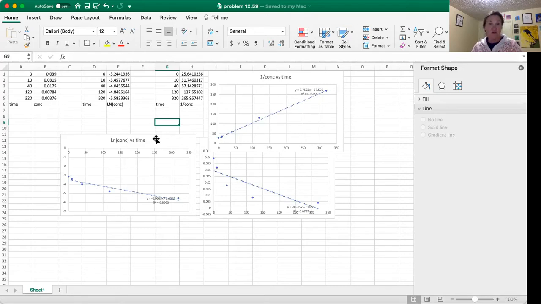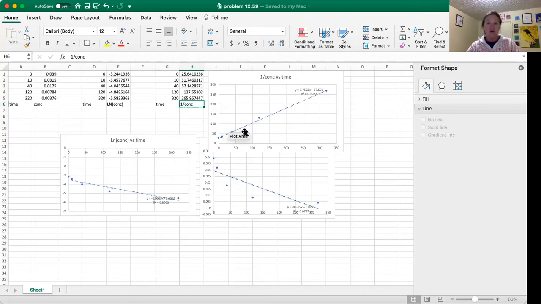For 0th order, it's concentration versus time. For first order, it is natural log of concentration versus time. And for second order, it's 1 over concentration versus time.